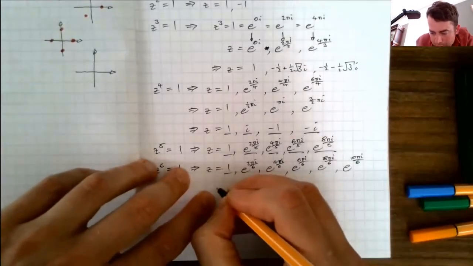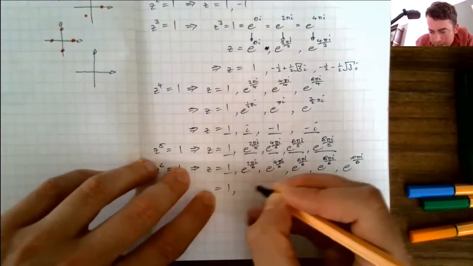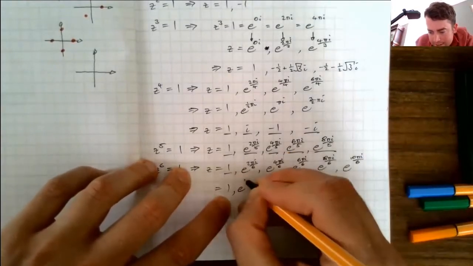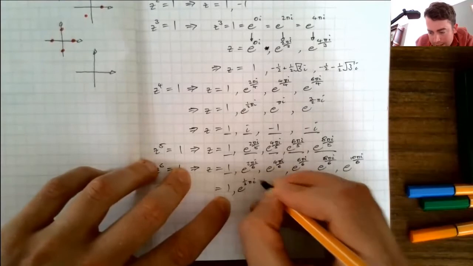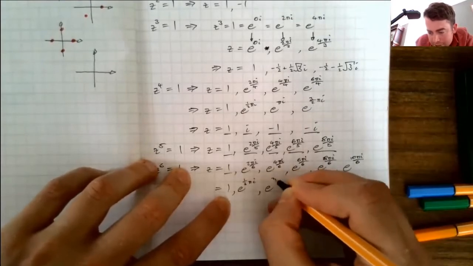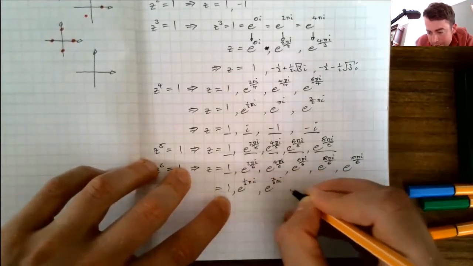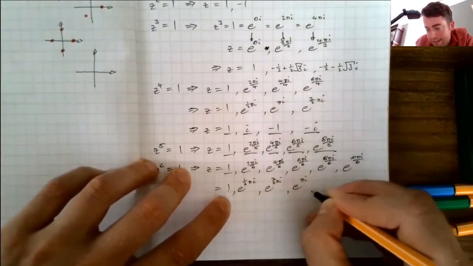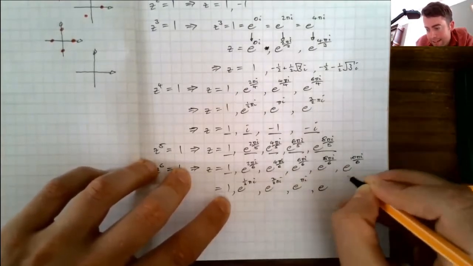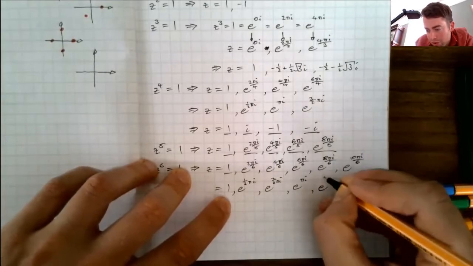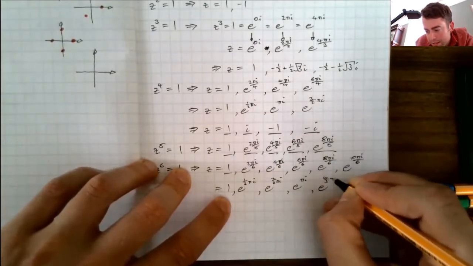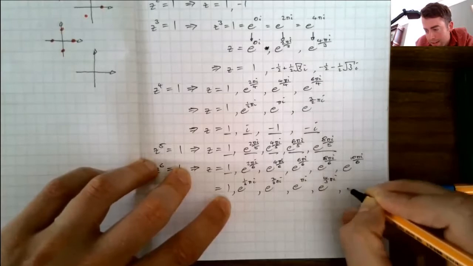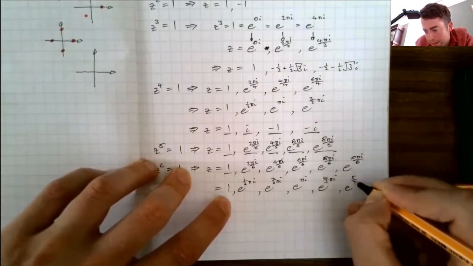So we've got e to the 1/3 pi i, e to the 2/3 pi i, e to the pi i, e to the 4/3 pi i, and e to the 5/3 pi i.